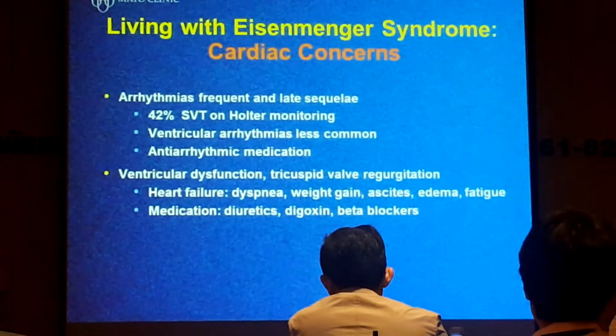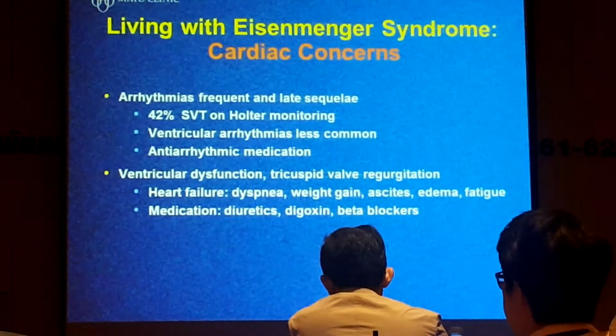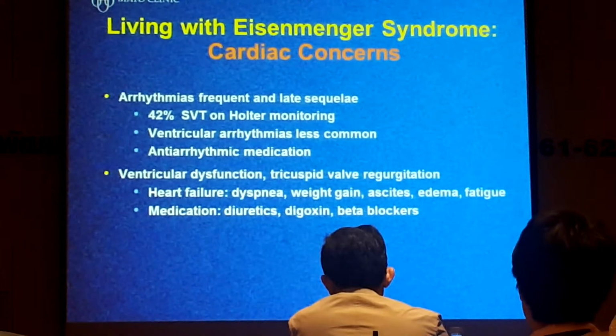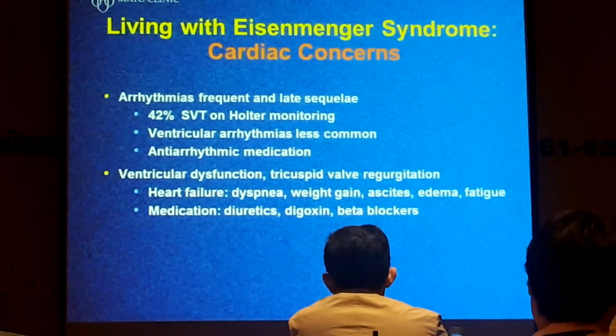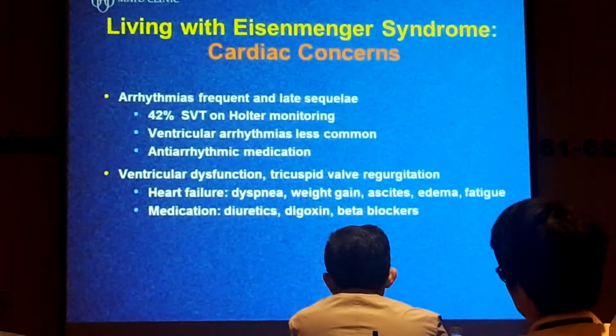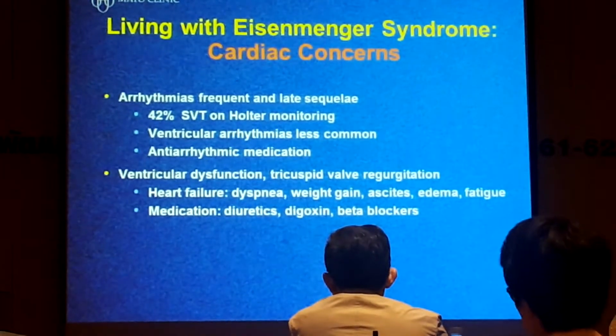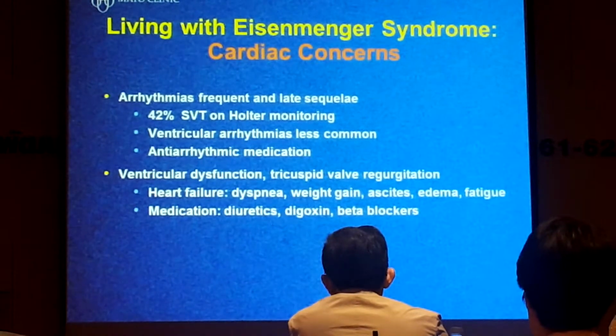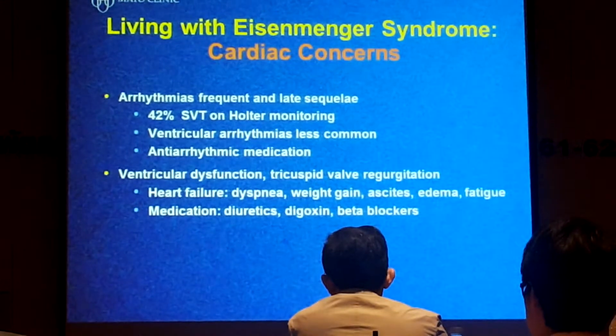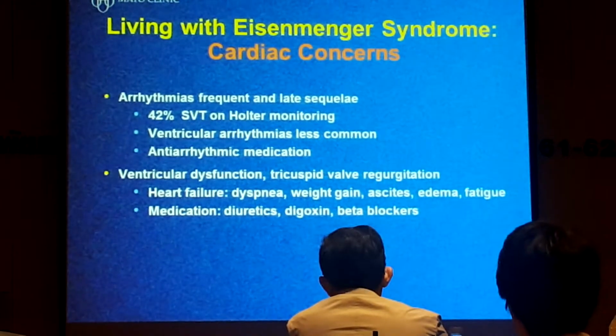Ventricular dysfunction can occur. In fact, Kevin in 2005 had left-sided heart failure. I cathed him, and his wedge pressure was 24. So I put him in the hospital and started him on Coreg and lisinopril. He has been on it since then. The teaching with Eisenmenger syndrome is that you don't want to give them afterload reduction, because if you drop the blood pressure, you might cause more right to left shunt and they will collapse.